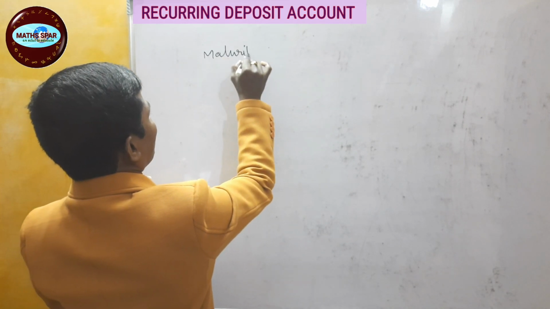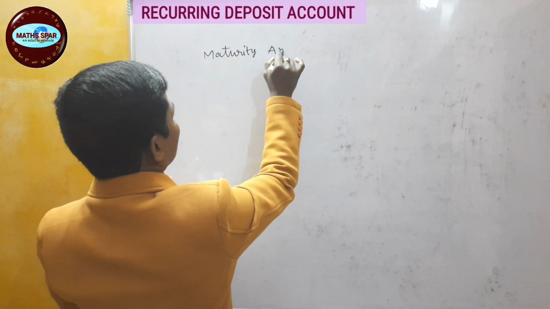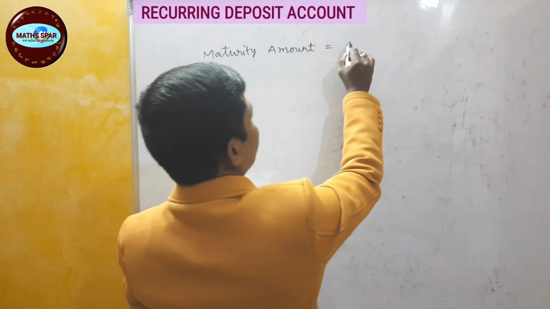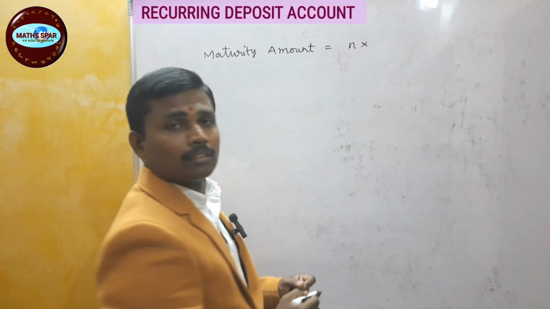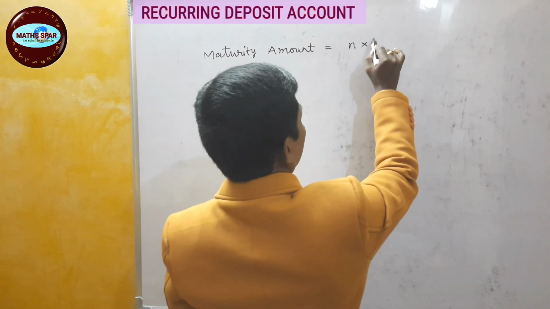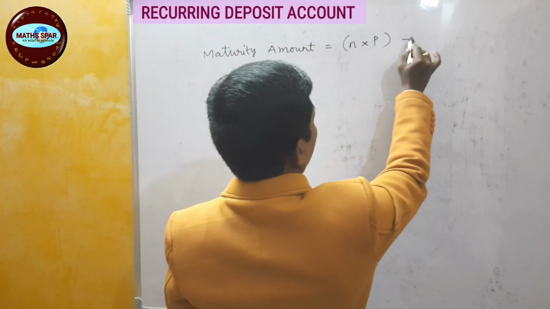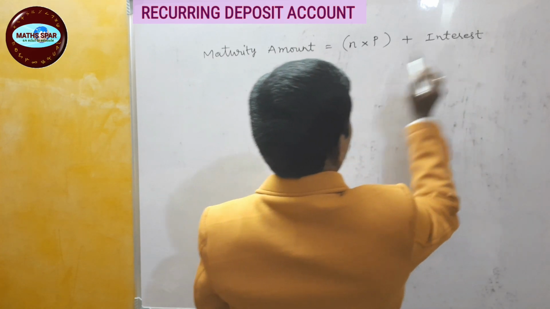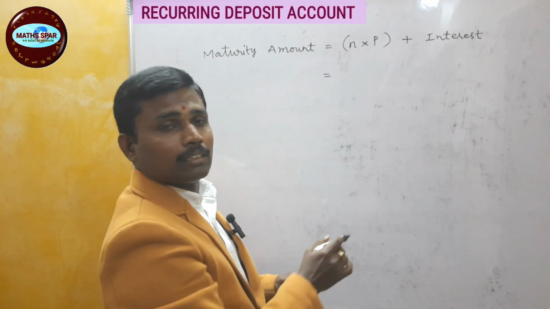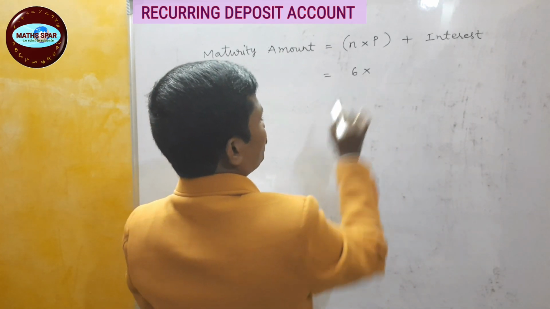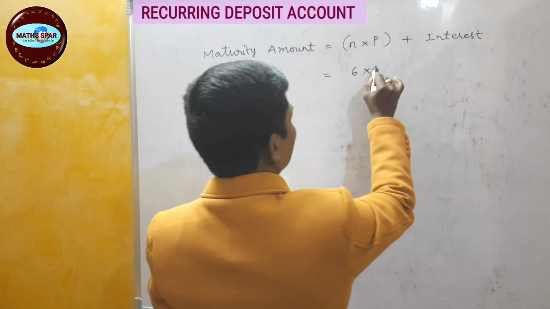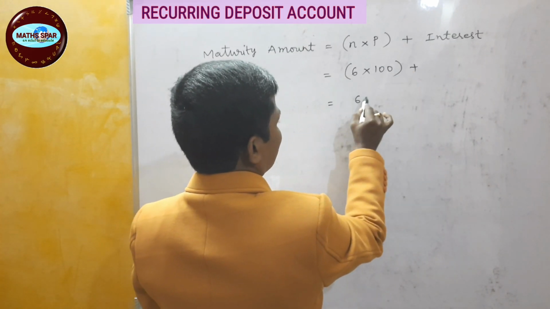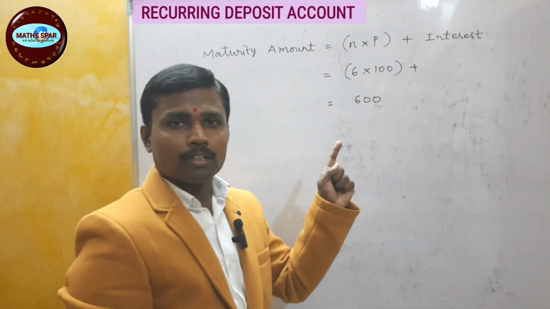Maturity amount is number of months multiplied by monthly deposit plus interest, that is number of months 6, monthly deposit is 100 rupees, so he has deposited 600 rupees.